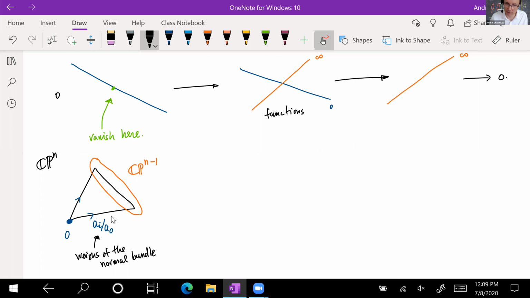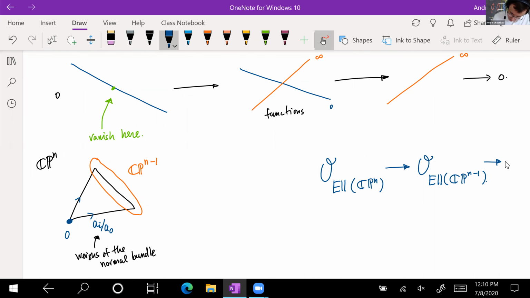So what I get is that I take the structure sheaf of elliptic homology of CP^n, that surjects to the structure sheaf of elliptic homology of CP^(n-1), and the kernel, well, is the Thom sheaf for this weight a_i over a_0.